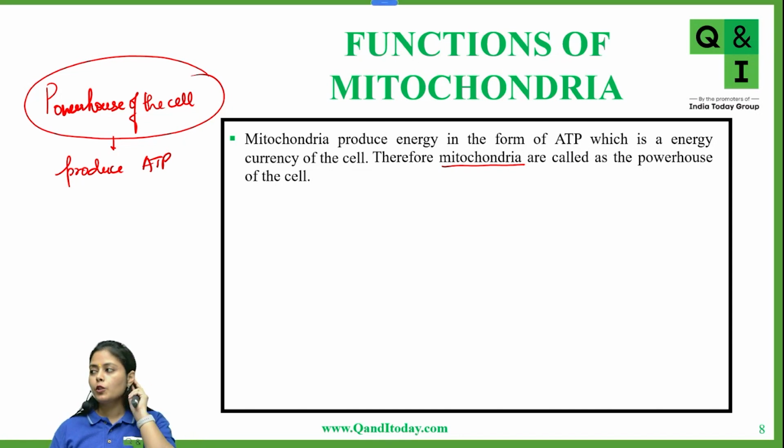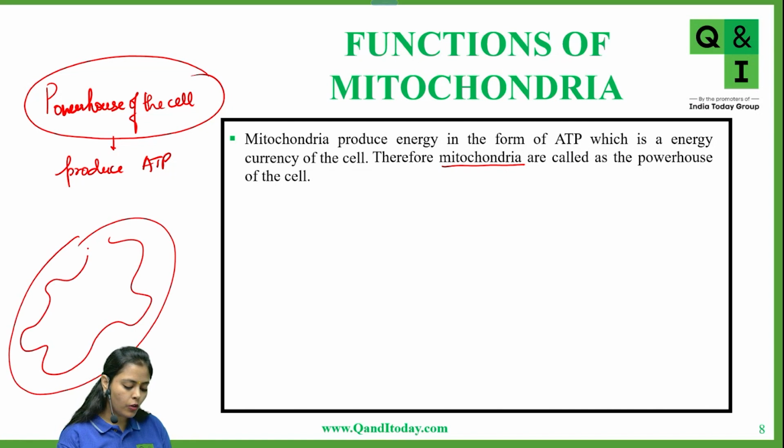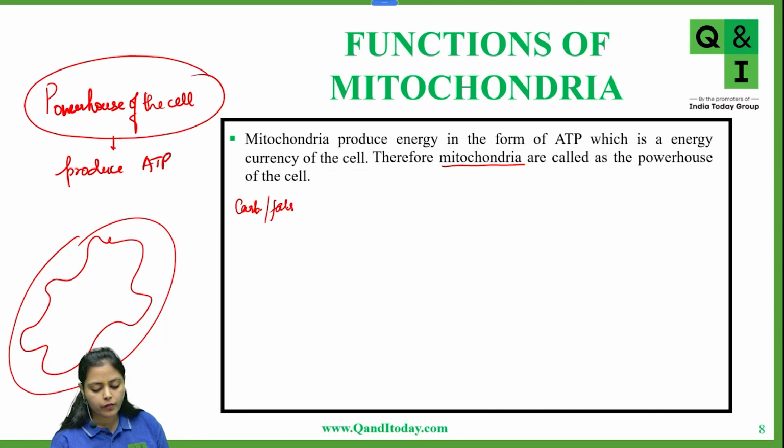Okay, see, Shubhranshu, there are two sets of reactions going on in the mitochondria. Suppose this is the mitochondria. The breakdown of carbohydrates or fats into ATP occurs via two steps: first, and second.